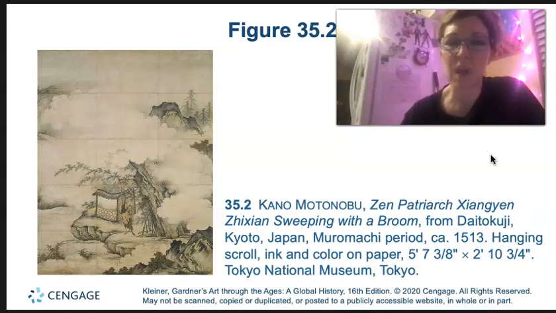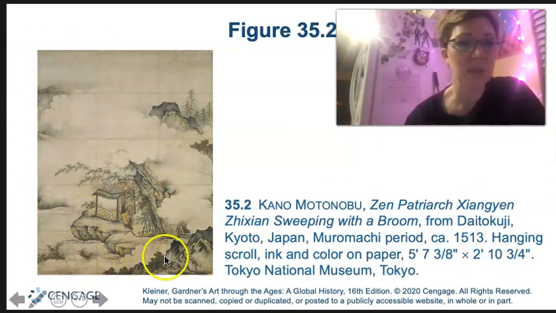The precision of the brushwork and the ink lines in Zen patriarch Zhang Yanzixian sweeping with a broom marks it as a product of the Kano school of painting. So precision. This is the Kano school. Interesting.